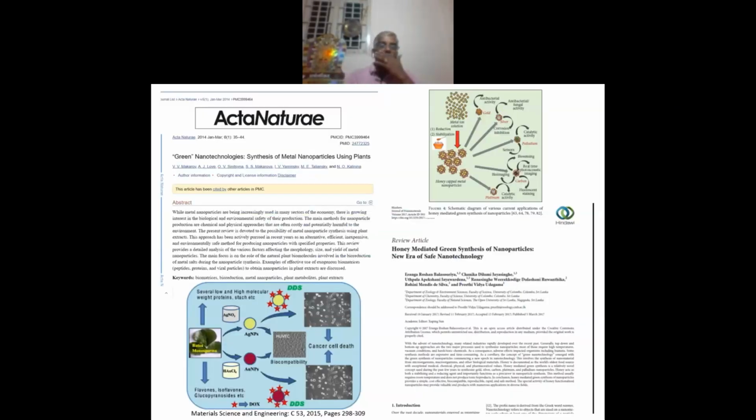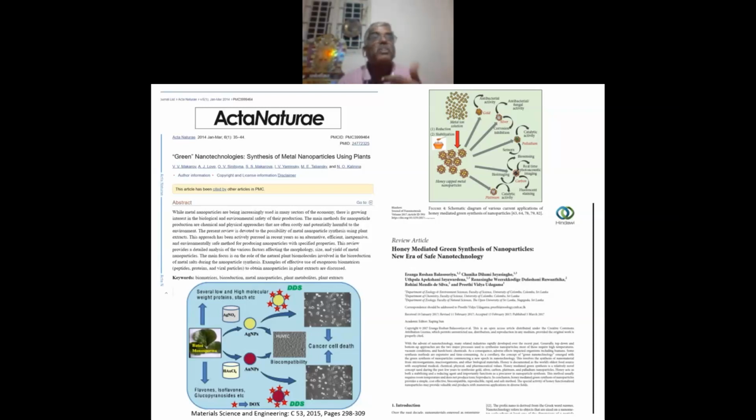As well as natural based green nanotechnologies are also coming up. They use natural extracts: flower extract, bark extract, leaf extract, and fruit extract. People are using them to prepare nanoparticles so that we can minimize the toxic effect of the nanoparticles. That is called green synthesis.